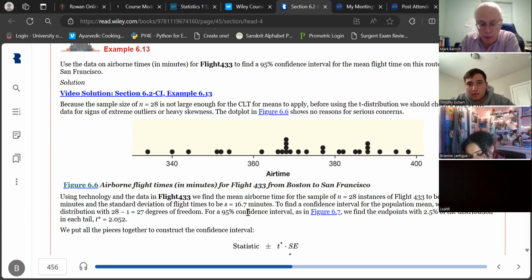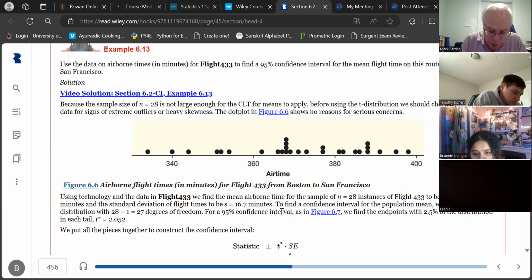Well, I'm going to write down this information. So I'm going to write down the X bar is 371.1. And again, if you're sitting down with pencil and paper, you can do the same thing. Sample standard deviation 16.7. We want to find a 95% confidence interval.